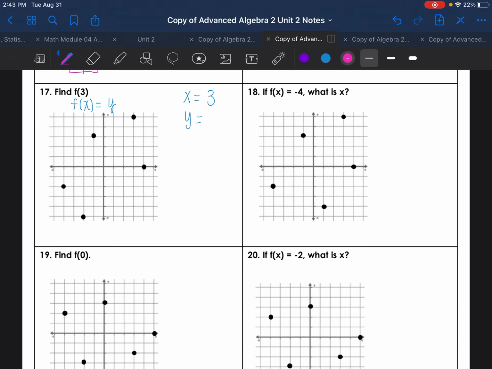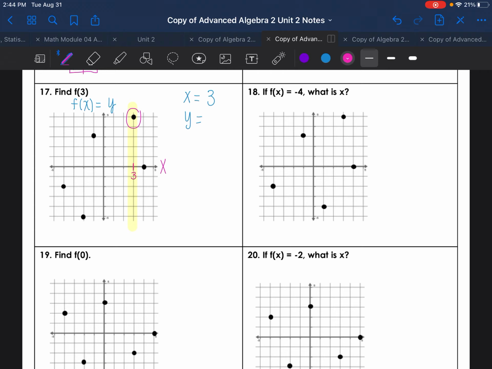So let's go back to our graph. Here's my x-axis. So this right here is the 3 on the x-axis. Any point that falls right along here has an x value of 3. The only point in that highlighted space is this one right there.